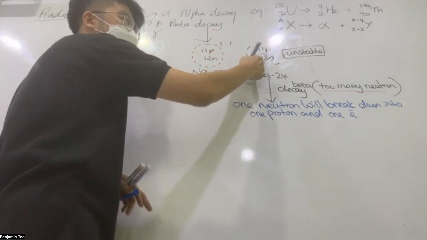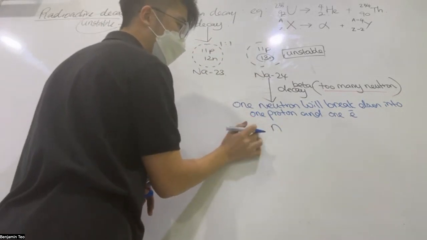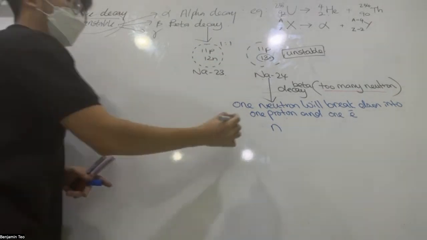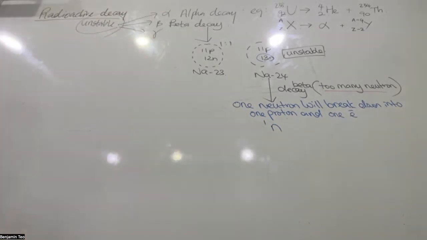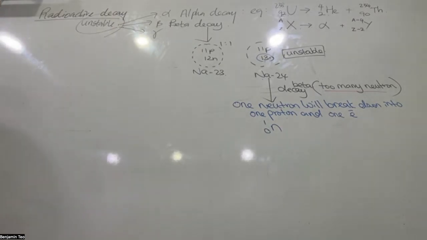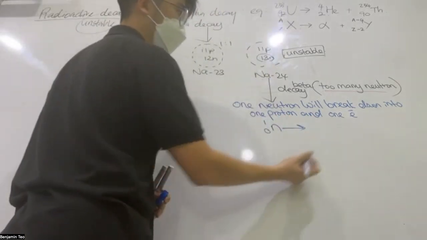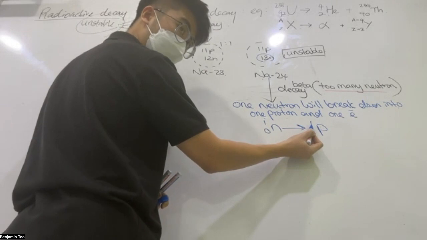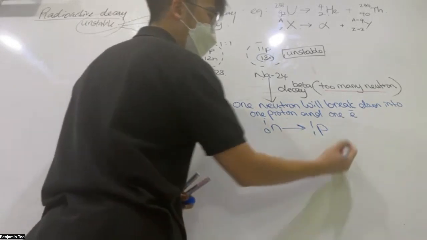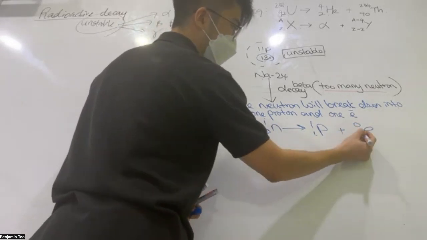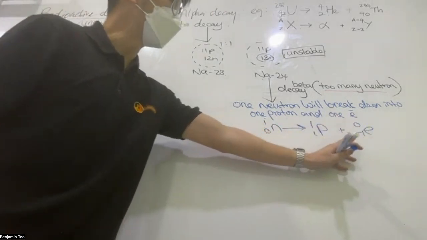A neutron's symbol: neutron is a nucleon, so its nucleon number is 1, and its proton number is 0, because a neutron is not a proton. One neutron breaks down into a proton, whose symbol is 1-1, since a proton is also a nucleon, plus an electron, whose nucleon number is 0 and whose proton number must be minus 1 to balance the equation. So this is what happens inside the nucleus.